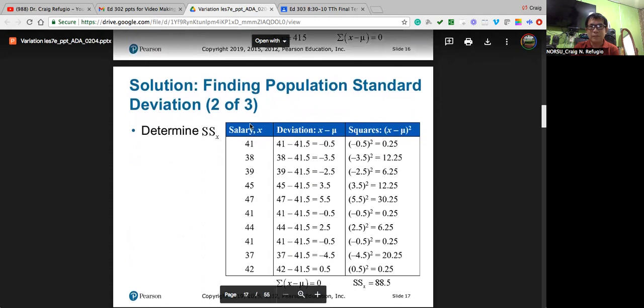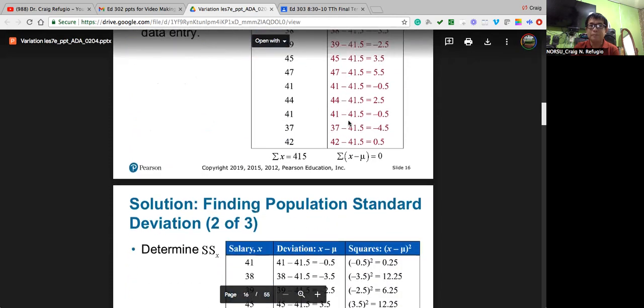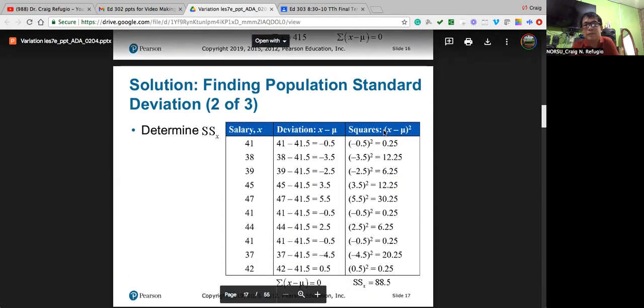Next, determine SS sub x. Still we have the salary column and the deviation column. The first two columns are copied from these two columns. Then we have the squares, the quantity x minus mu to the second. The entry in the second column is raised to the second, or multiplied by itself.